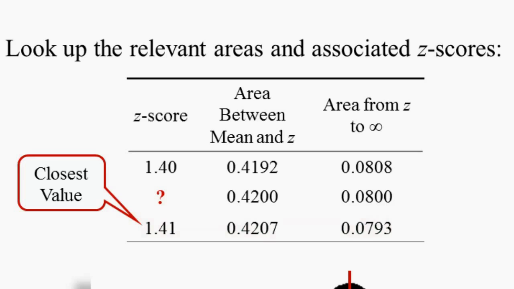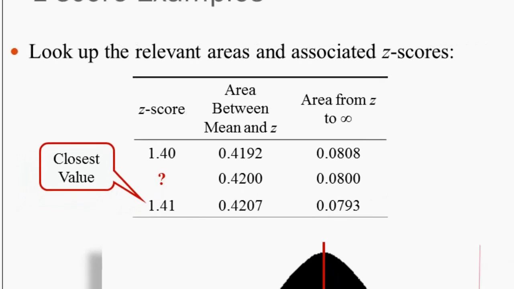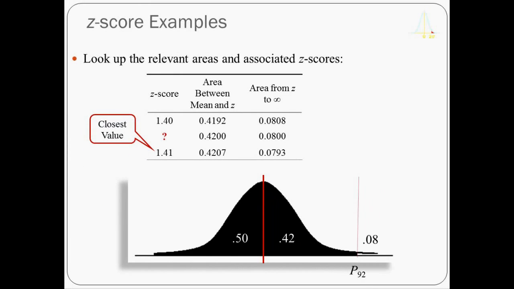If you may have learned in middle school or high school how to interpolate numbers, and more technically we should probably interpolate this, but the amount of error is so small that my suggestion for this course is simply take the closest value, which in this case is a z-score of 1.41. So now we know that the score at the 92nd percentile is a z-score of 1.41.